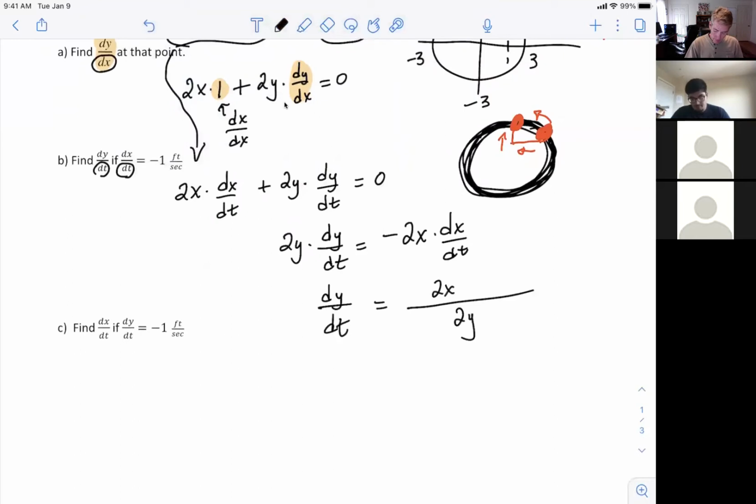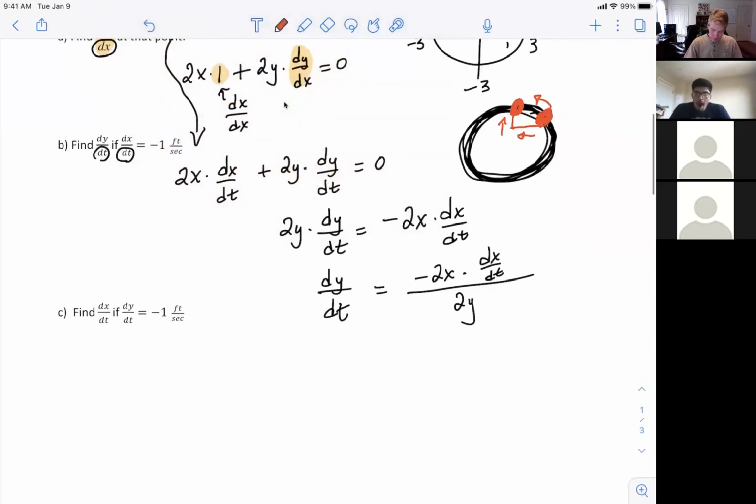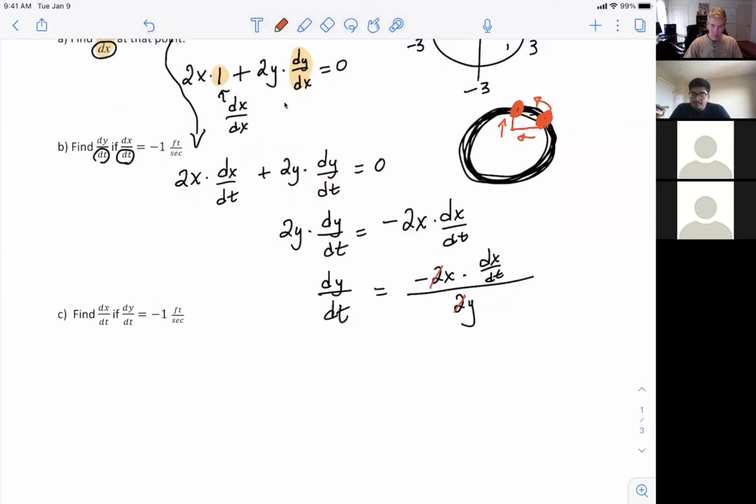So the negative 2x dx/dt would stay there, and then divide by 2y. And then these 2's could cancel. And just like last time, plug in the numbers.